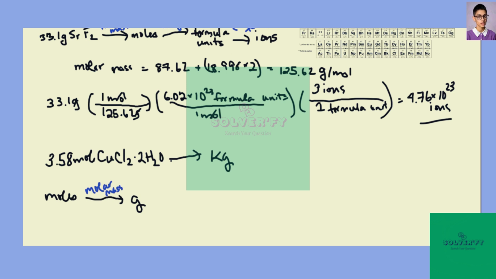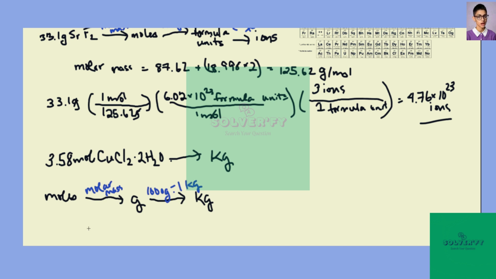And then from grams to kilograms, simply using the idea that there are 1,000 grams for every 1 kilogram. And so we just need to figure out our molar mass using the periodic table again.